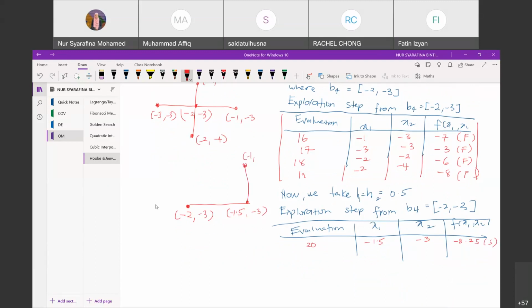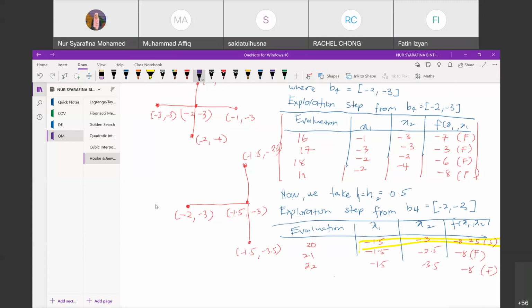Now it is -1.5, -2.5. This one is -8, fail again. So fail, go downside, -1.5, -3.5. Again -8, so fail. So your new base is this one.